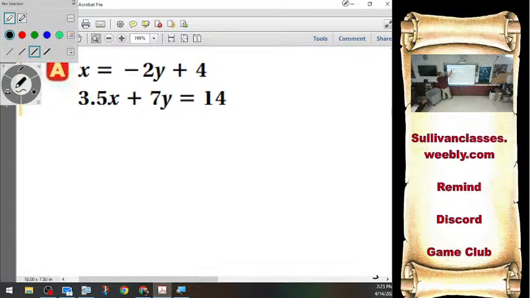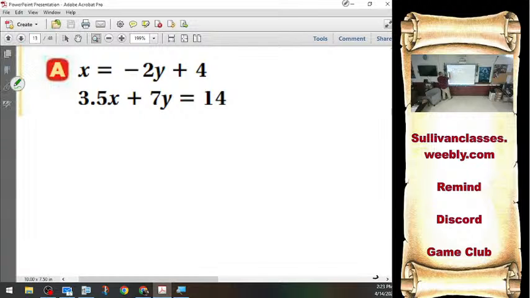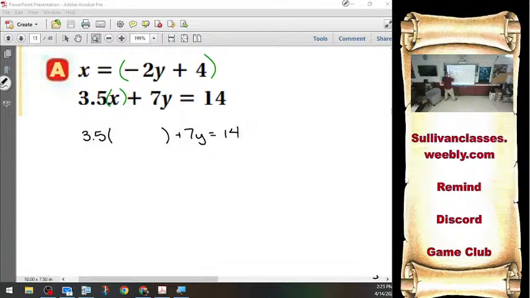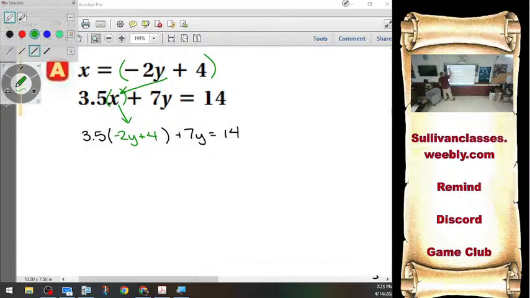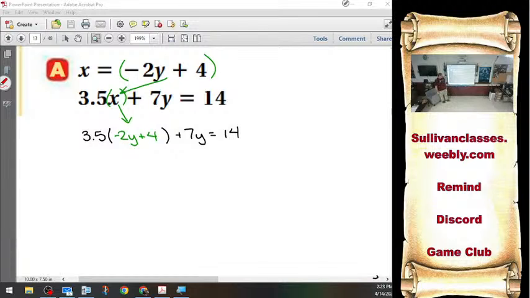So they already told me X is stuff. If X is this stuff, I better replace X with this stuff. 3.5 something plus 7y is 14. That something is negative 2y plus 4. X is stuff, replace X with stuff.